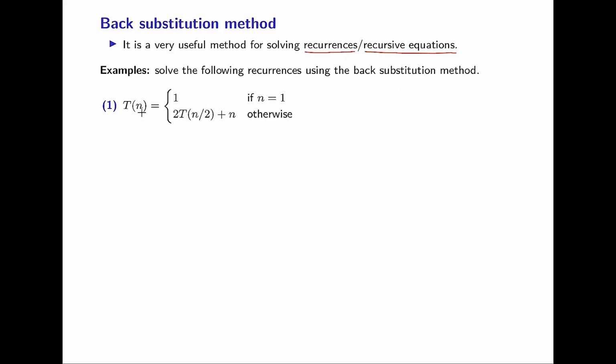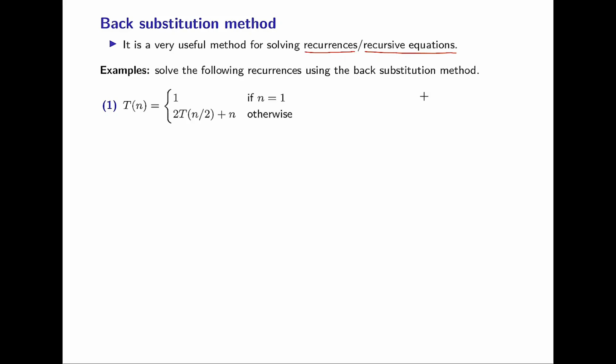Now here you see T(n) is equal to 2T(n/2) plus n if n is not equal to 1. If n is equal to 1, then this is the base case, and T(n) is equal to 1. This kind of recurrence you will see in the divide and conquer approach that we will discuss later.